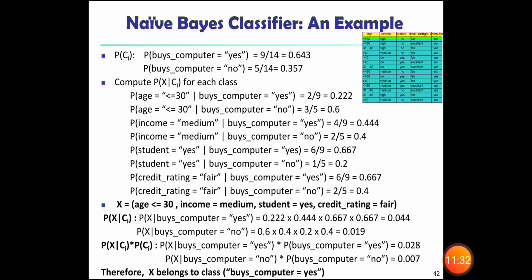Those values will be multiplied and we get 0.007. If you compare these two values, you will understand that the yes value is greater than the no value. So obviously you can conclude that X belongs to class buys computer equal to yes. So the classification will be yes.